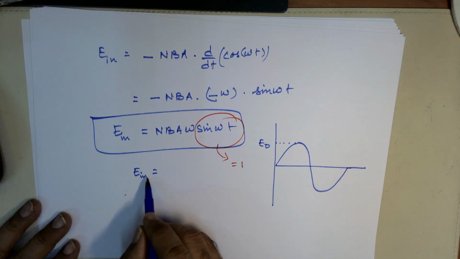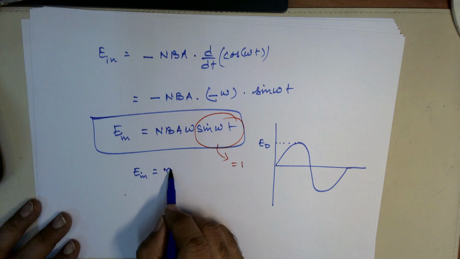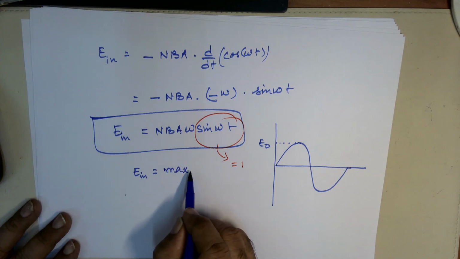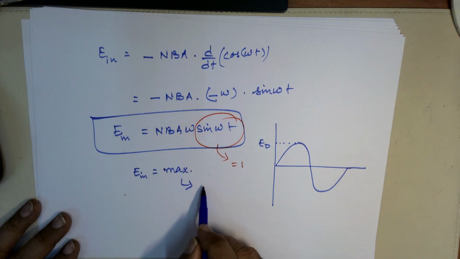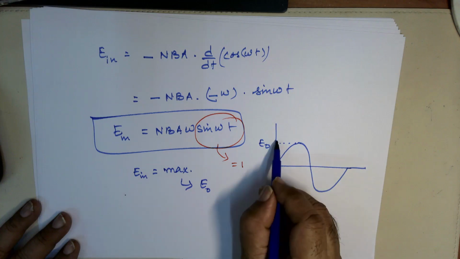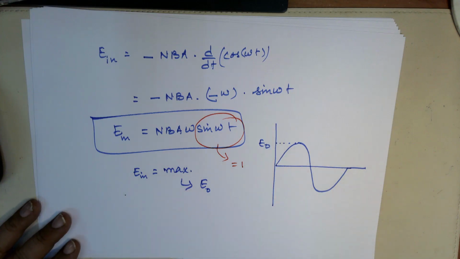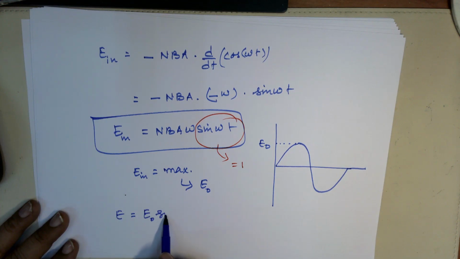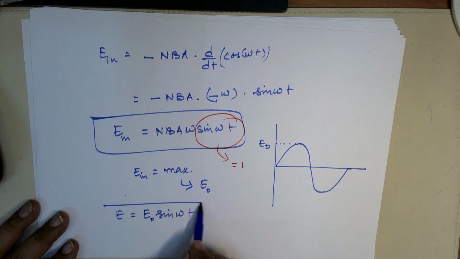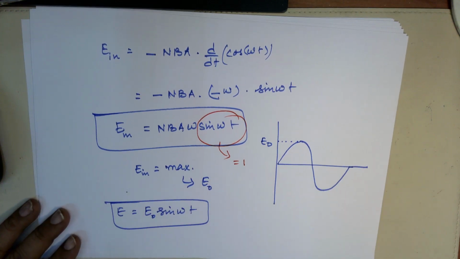E is maximum, and that is indicated by E naught. Are you able to understand? Therefore, we can represent this equation as E is equal to E naught sin omega t, as a sine wave.